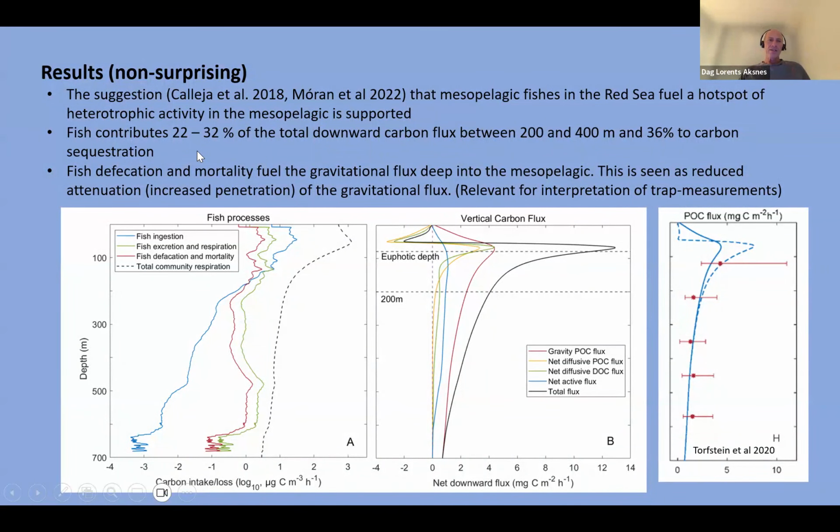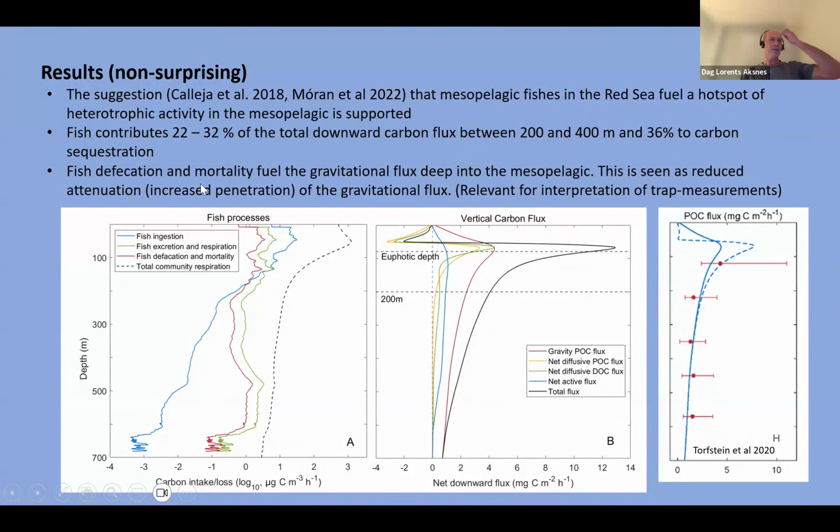So what we find is that the fish in this basic run or simulation of the Red Sea contribute about 20 to 30% of the total downward flux between 200 and 400 meters. The role of the active flux increases with depth until the migration ceases, of course.